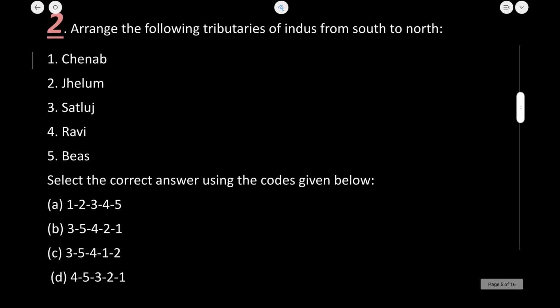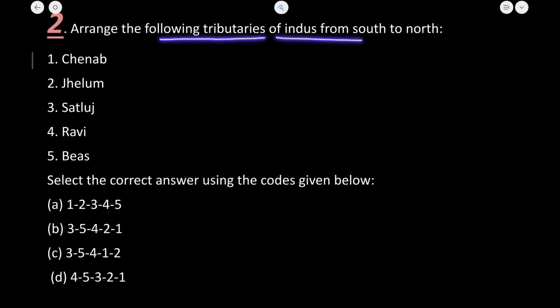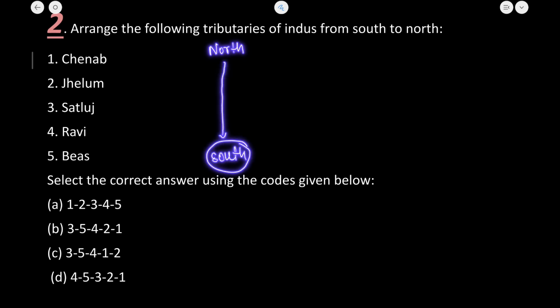Now we have to arrange the following tributaries of river Indus from south to north. So it would be easier for us to arrange it north to south. Now if we know the name of the city that is lying on the bank of the rivers, so if we see about Satluj here, then we can get a brief idea about this.